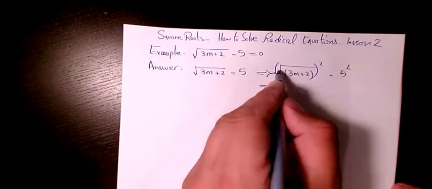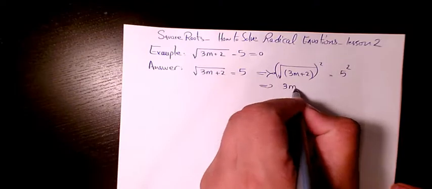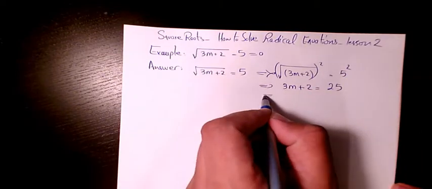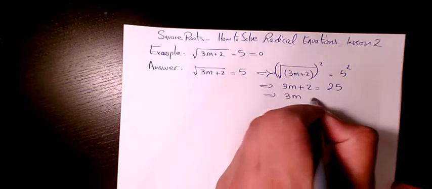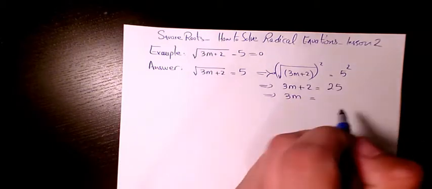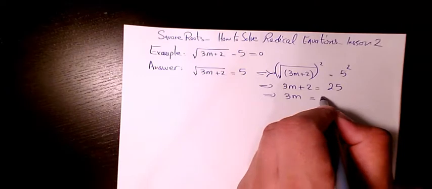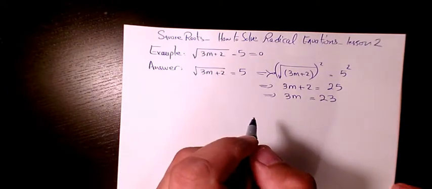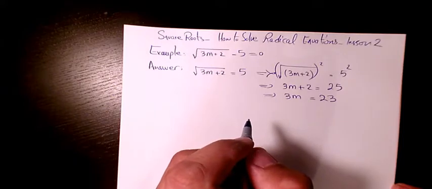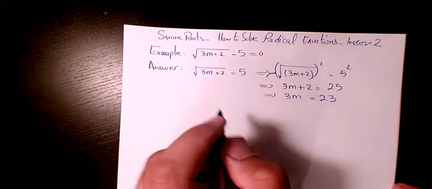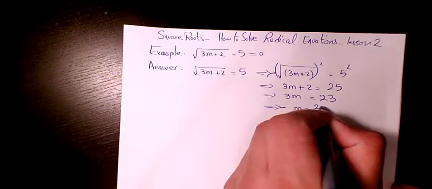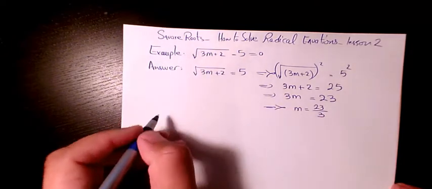Then the squared and radical cancel each other. It's going to be 3m plus 2. 5 squared is 25. And then you have 3m equals to 25 minus 2, which is 23. Then we can say m will be 23 divided by 3.